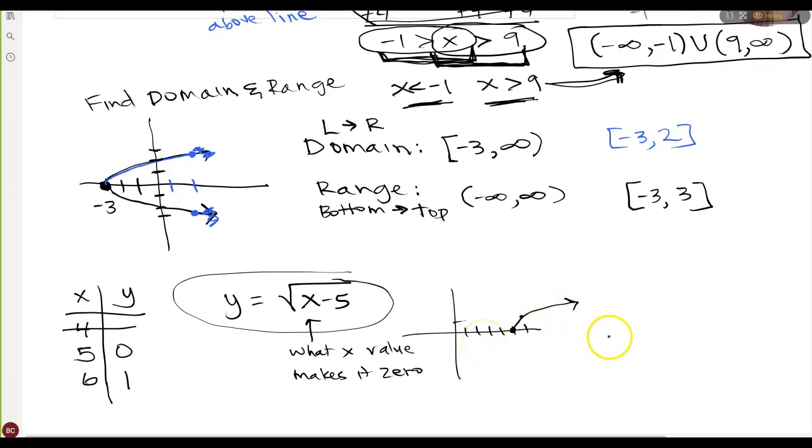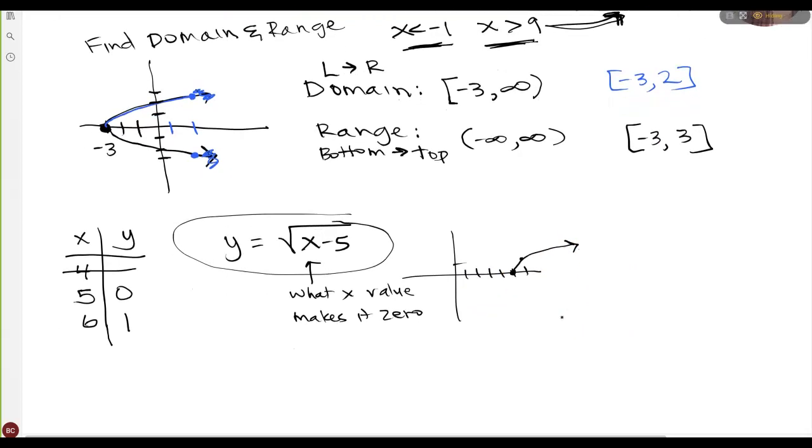And the last thing I wanted to say is I want to make sure you understand how to find the domain of this as well. After you graph it, you can see what the domain is. It's 5 to infinity.